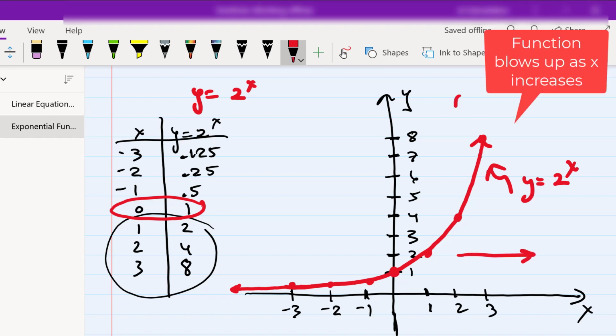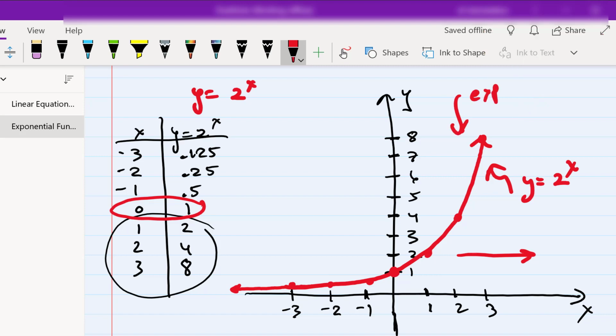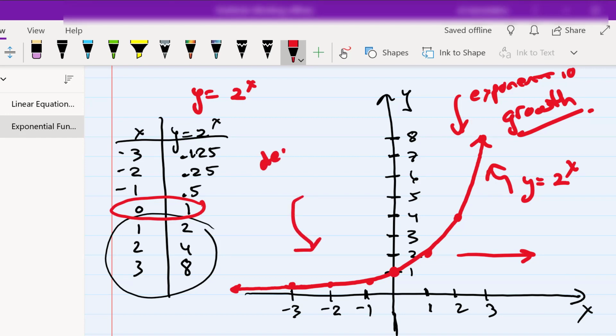This is called exponential growth. And this part decays to 0 rapidly as x increases in the negative direction.